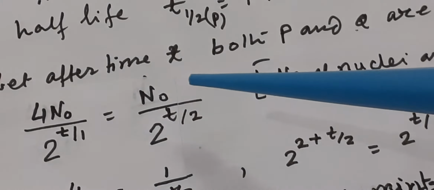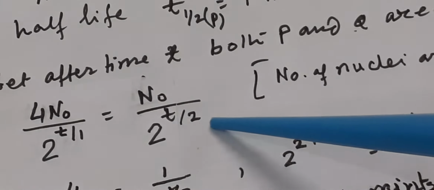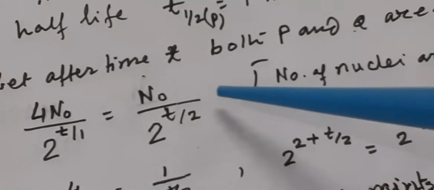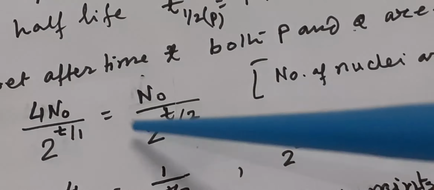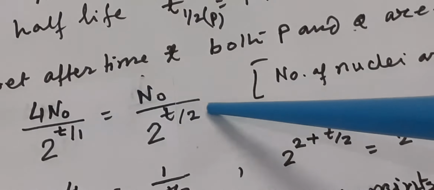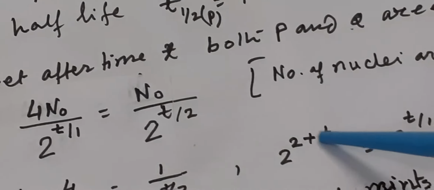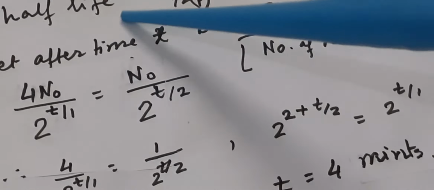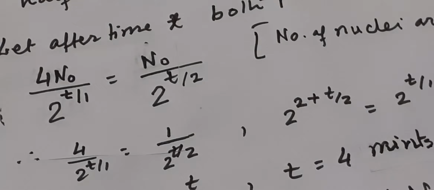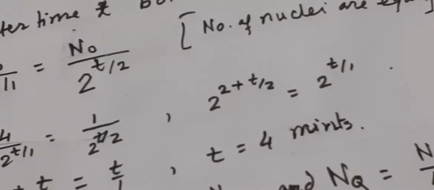Now for the Q sample it will be n naught divided by 2 to the power t by 2 minutes, because the half life is 2 minutes for sample Q. From this relation, the amounts will be equal, that is the condition given here. Now we can solve this, and from this equation we get time will be 4 minutes.